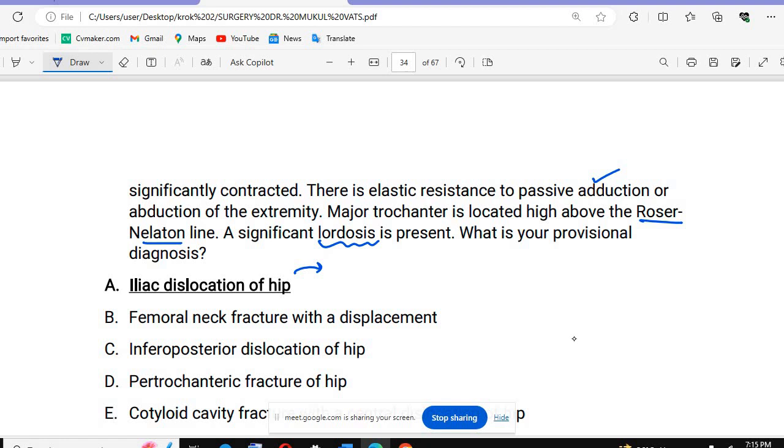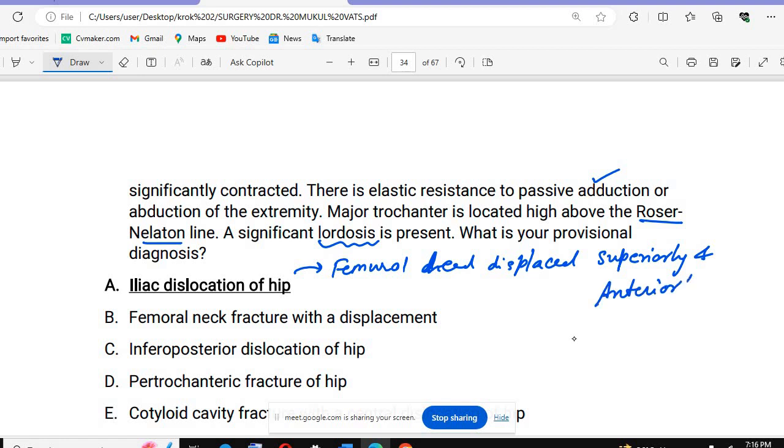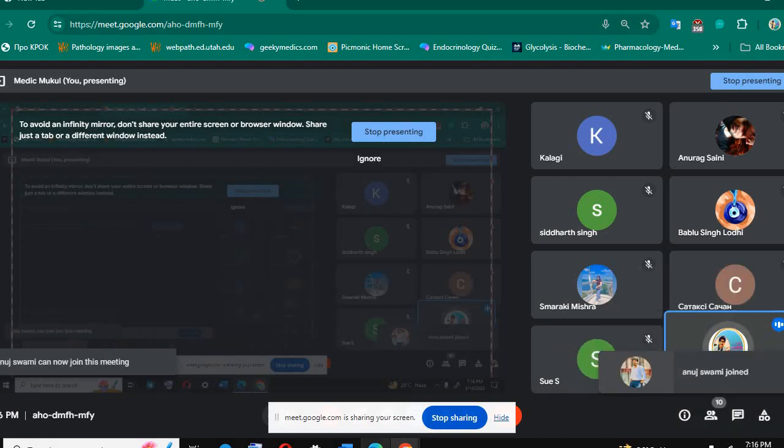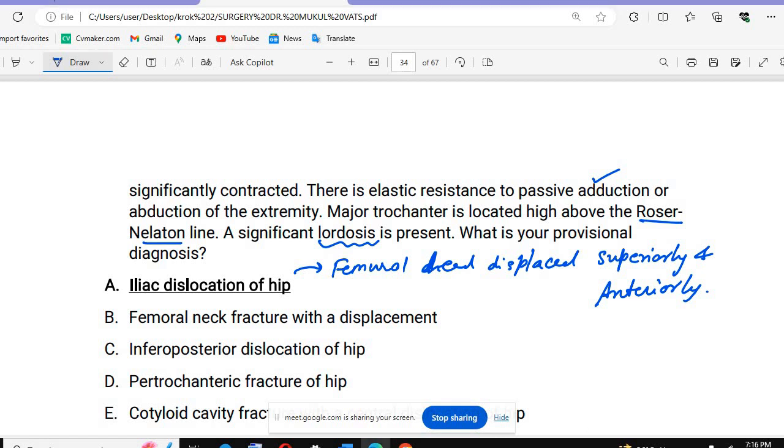The anterior dislocation is known as the iliac dislocation of the hip. In this condition, the femoral head will be displaced superiorly and anteriorly out of the acetabulum.